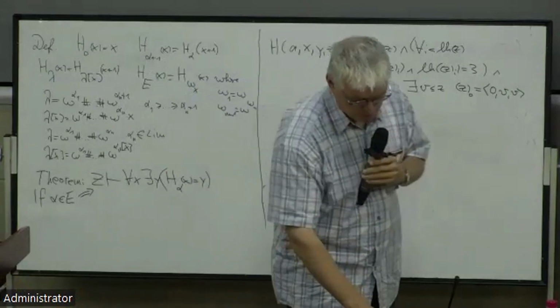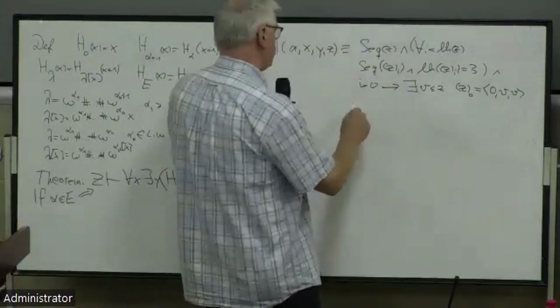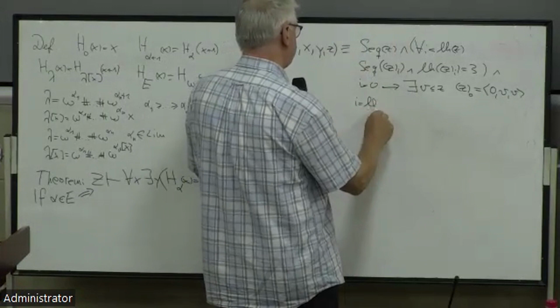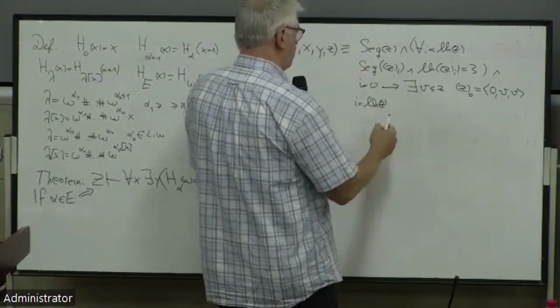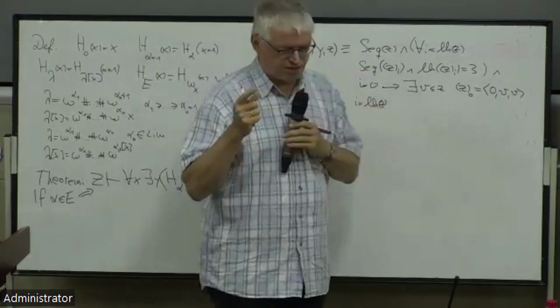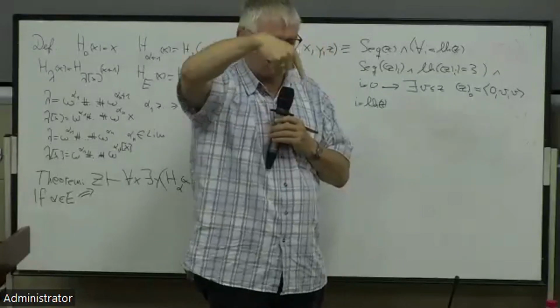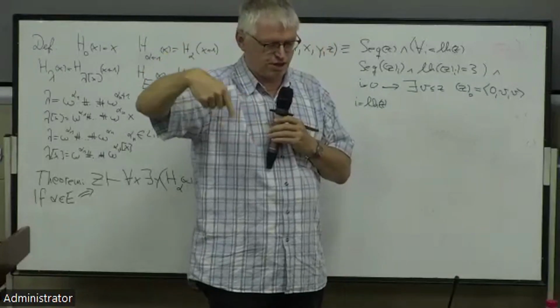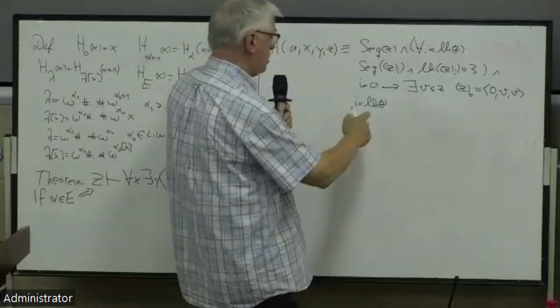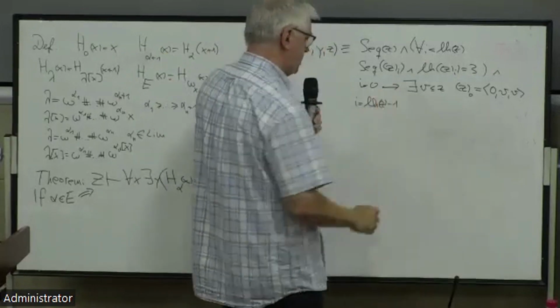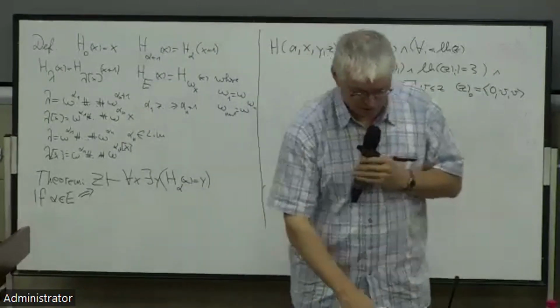Now, it could be that we are at the end of the sequence. A sequence Z consists of Z0 up to Z index length of Z minus 1. So that's the reason why, at the end of the sequence, I have length of Z minus 1.